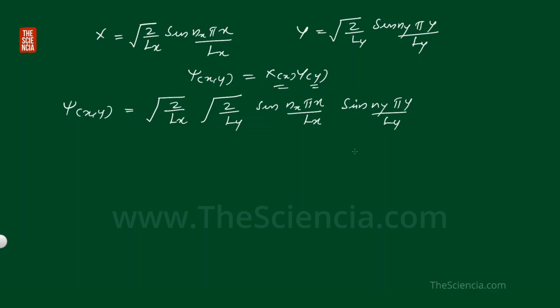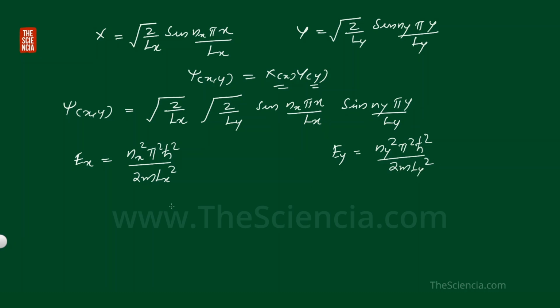So we got the wave function corresponding to a particle in a 2D box, and we can find the energy for the particle in the x direction and y direction. That is, for the x direction we will obtain Ex equal to nx squared pi squared h squared by 2m Lx squared, and for the y direction we will get Ey is equal to ny squared pi squared h squared by 2m Ly squared. And earlier we defined the energy E is equal to Ex plus Ey. That is the total energy of a particle in a 2D box.